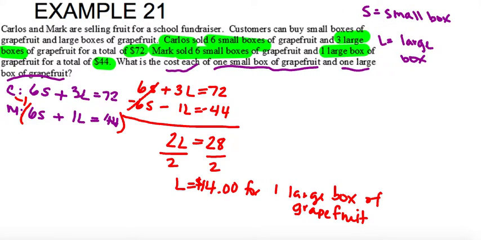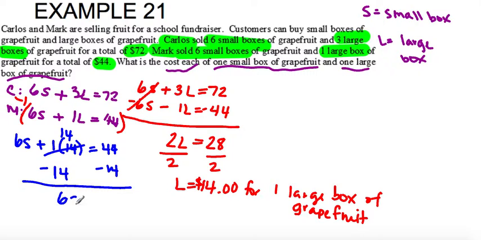Now I have to figure out the cost for the small box, so I'm going to plug in the $14 for L in either one of the equations. I'm going to do it to the bottom. So I have 6S plus 1 times 14 equals 44. 1 times 14 is just 14, so it's positive 14. I can subtract 14 on both sides.